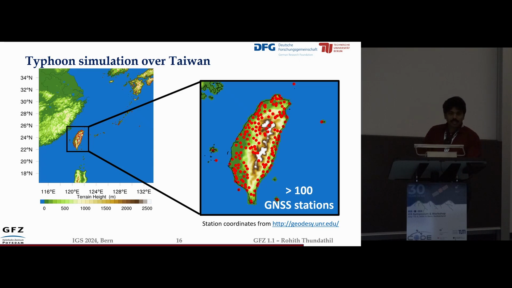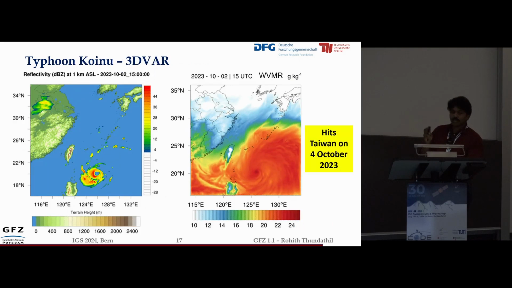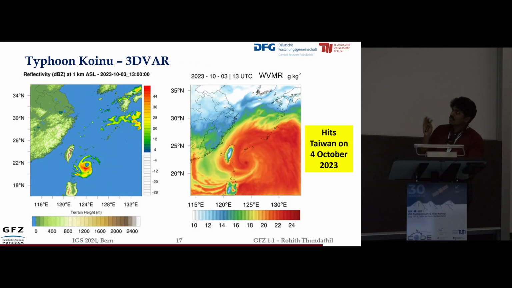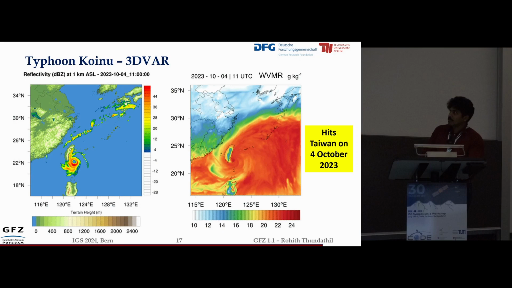And in the next study we started, which is currently ongoing, a typhoon simulation over Taiwan, we are assimilating GNSS stations over Taiwan and also stations from Japan and islands over Japan as well.